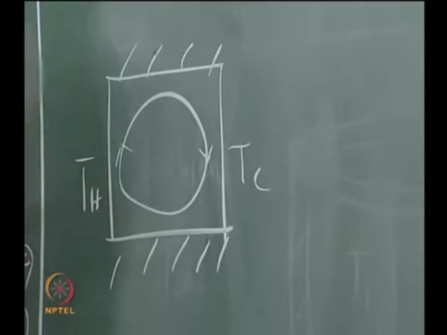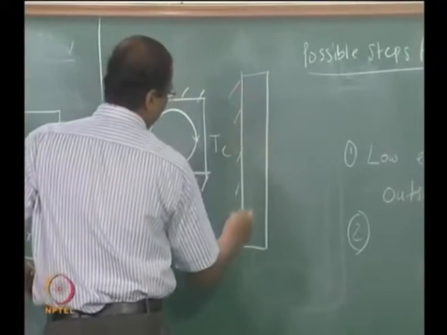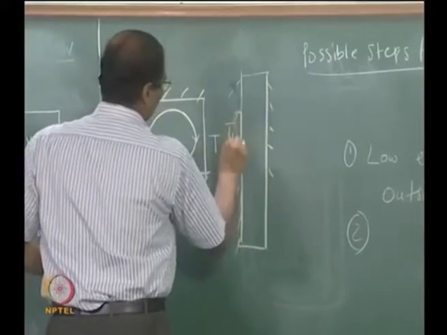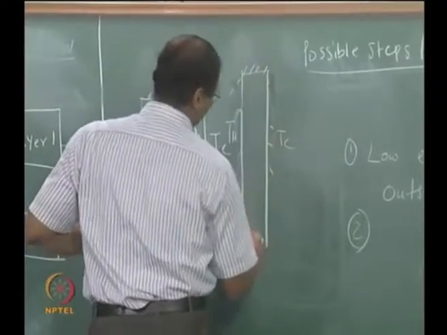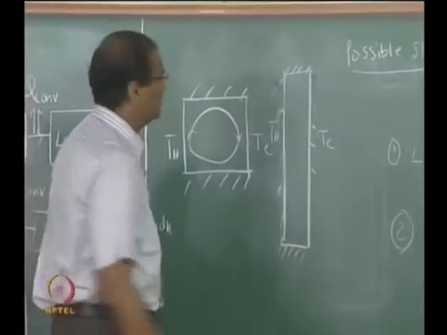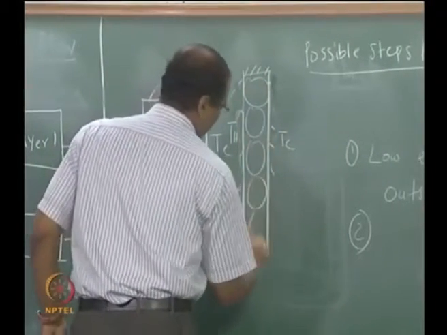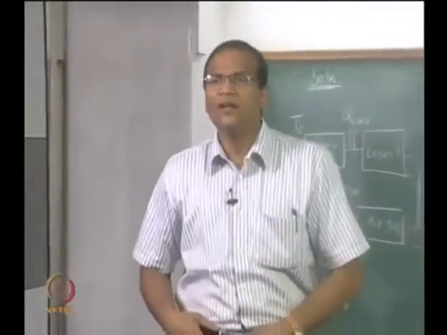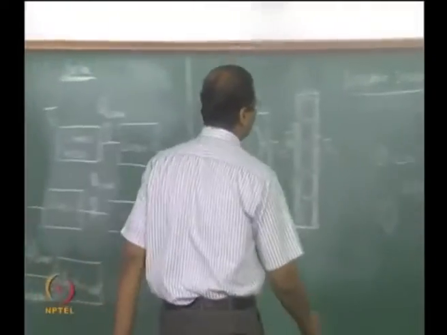So if this gives some amount of heat, suppose you do it like this, no sorry, now what happens is this results in what is called a multicellular pattern. When you have a multicellular pattern, there is a resistance to the flow of heat, and therefore the convective heat transfer coefficient reduces. So you can redesign the shape.